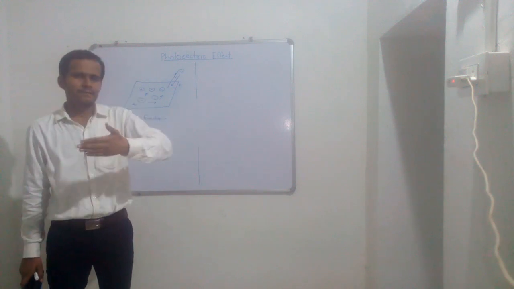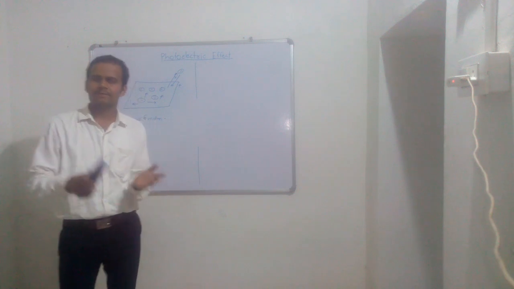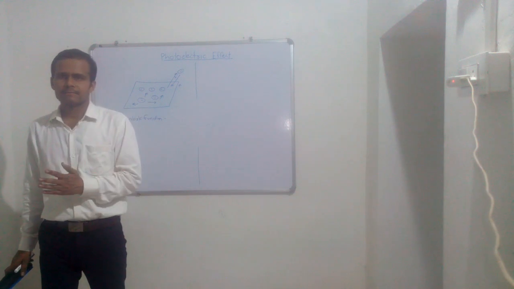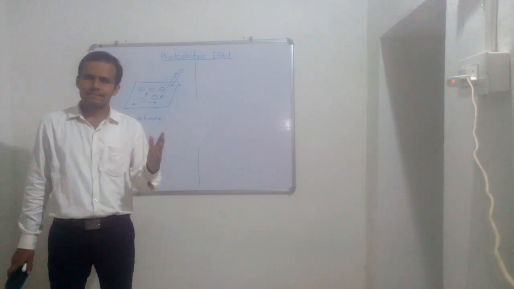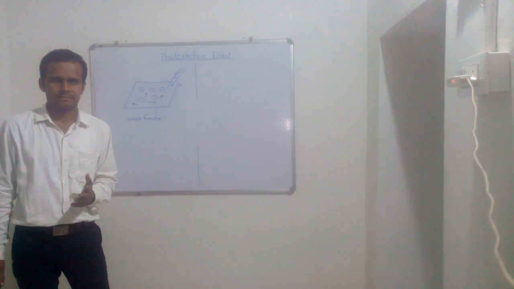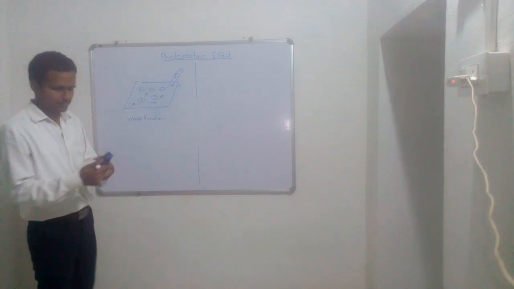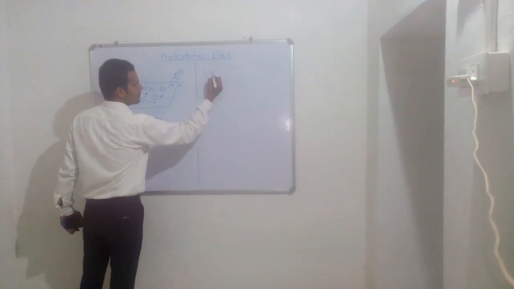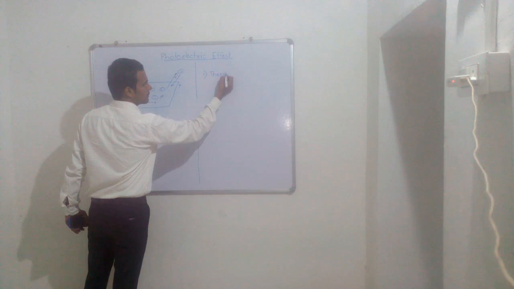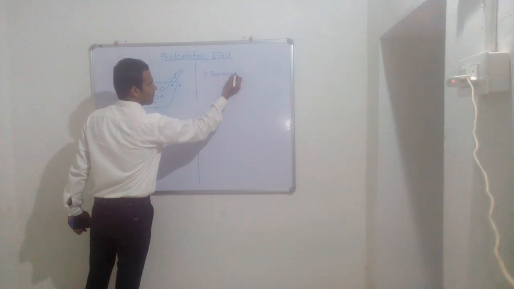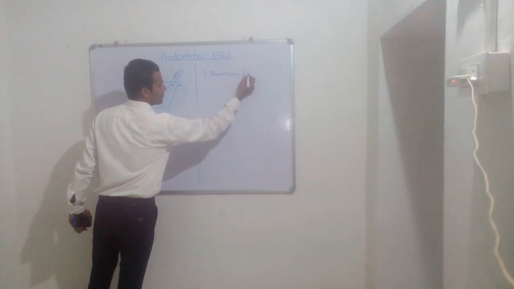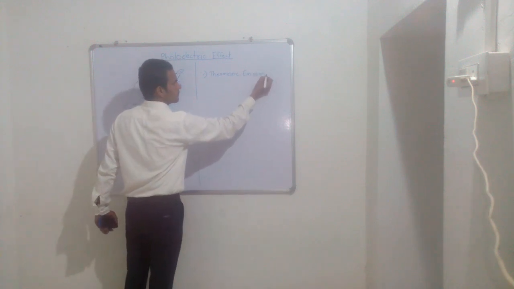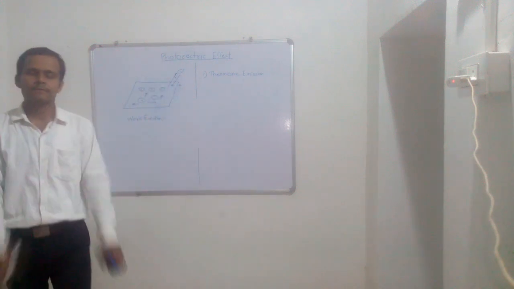Now, the thing is, some energy is required for the emission of electrons from the metal, and there are various kinds of emissions. Let us discuss them. Thermionic emission.